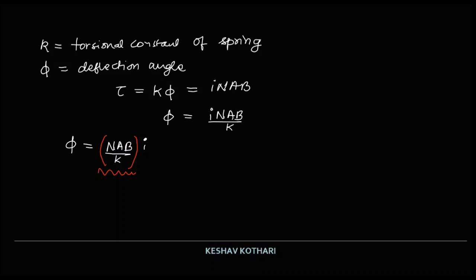So the deflection produced is directly proportional to the current flowing in the galvanometer coil, and I can write I equal to K upon NAB into theta, where K upon NAB is called the galvanometer constant.